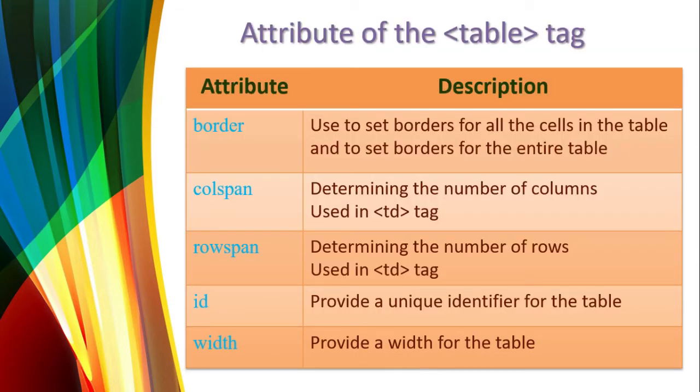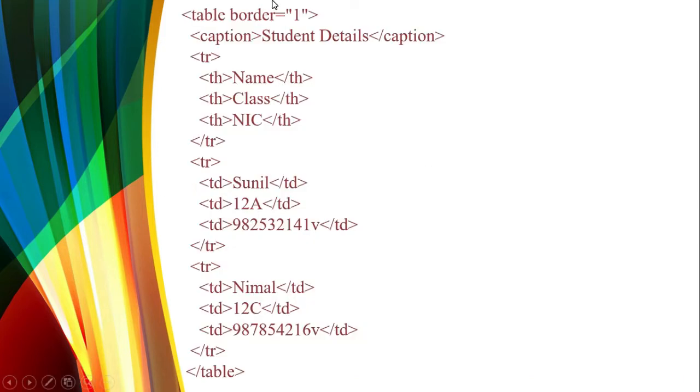attribute. Let's see an example for table creation in HTML. Within this example, this table has border value 1 and the table title is student details, and there are three headings for the columns: name, class and NIC, and also there are two records for this table.